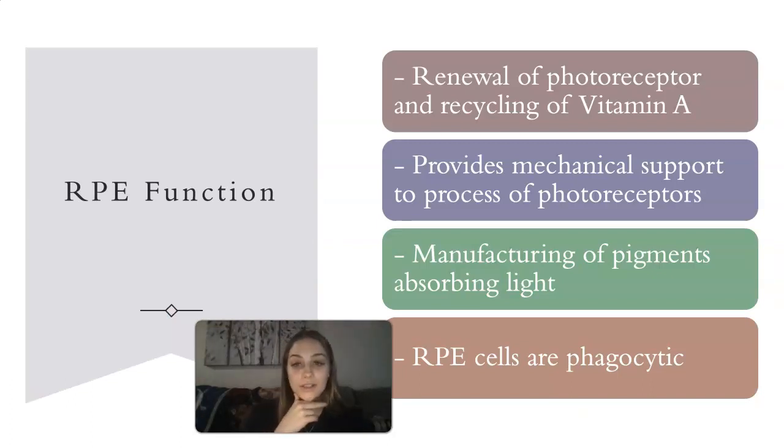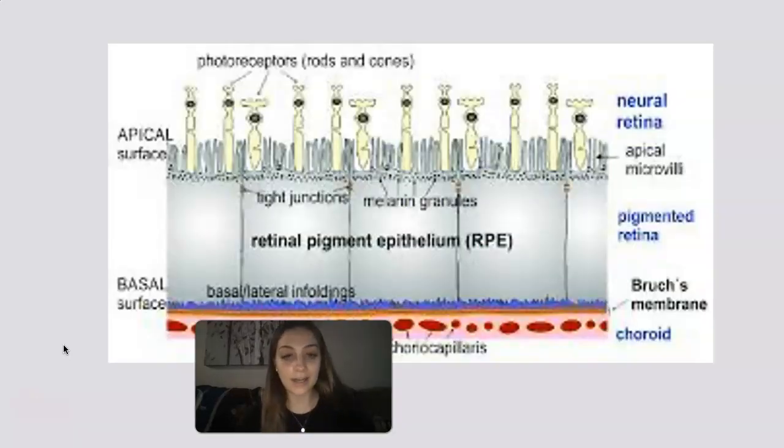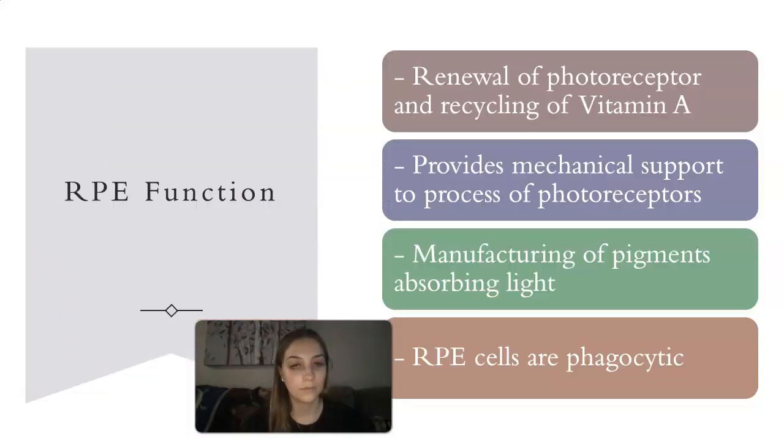Some functions are also manufacturing of pigments absorbing light, like I said, providing mechanical support to the processes of photoreceptors, renewal of photoreceptors, and recycling of vitamin A as well. These cells are also phagocytic, and they also shed photoreceptor membranes.